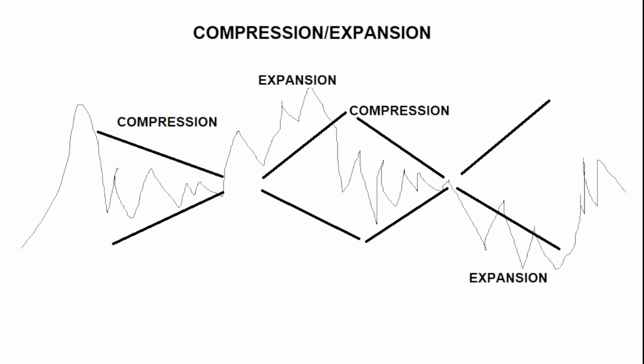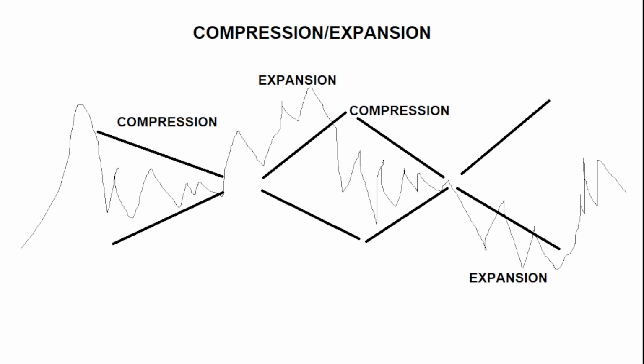Then we get a breakout, and then an expansion phase, and the price action starts to move. We get bigger bars and bigger swings, and that's the expansion phase. Then we go back to another period of compression, where the swings and the bars get smaller, and then I show a downward expansion.